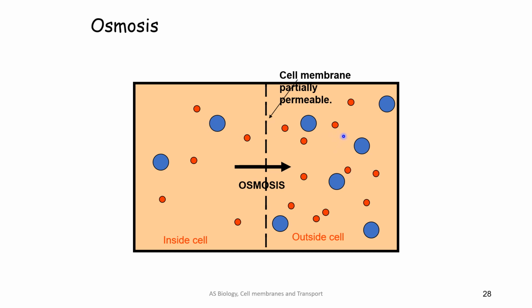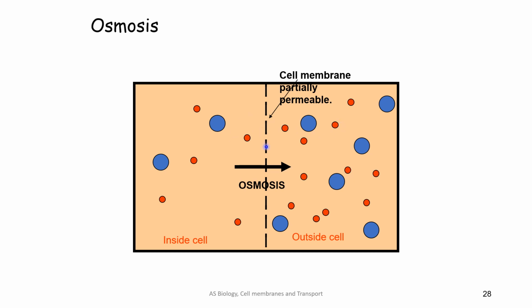And on the outside, we have 1, 2, 3, 4, 5, 6 sugar molecules and several 2, 4, 6, 8, 10, 11 water molecules. So those molecules create an equal environment. They've created an equal environment on the outside of the cell as well.